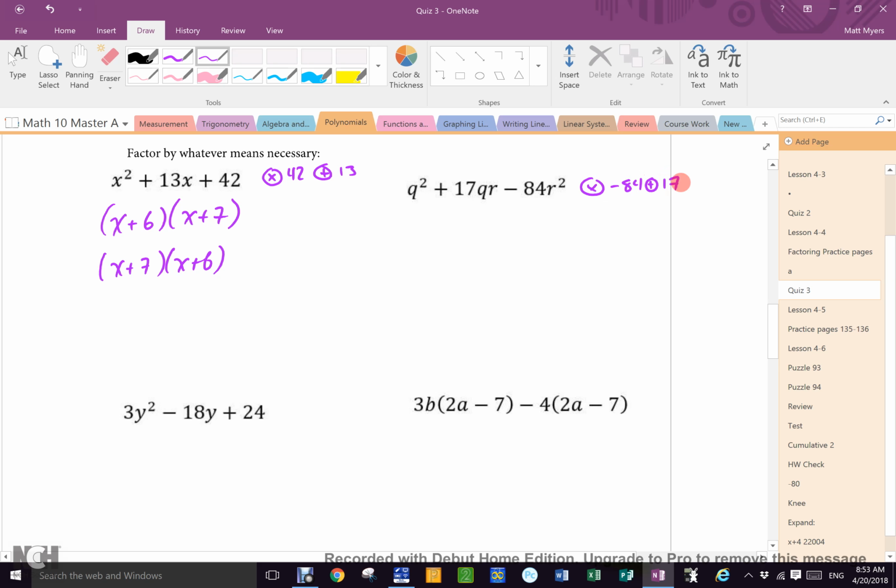What is it? 21 minus 4, right? So it is Q plus 21, Q minus 4. What's missing from my answer? I need that R to make the R squared, which is, of course, what every pirate movie is rated.